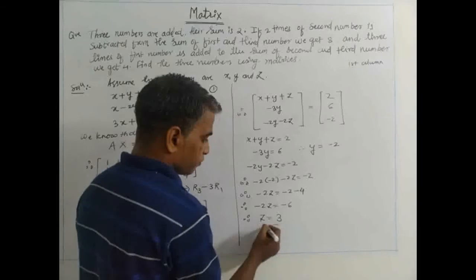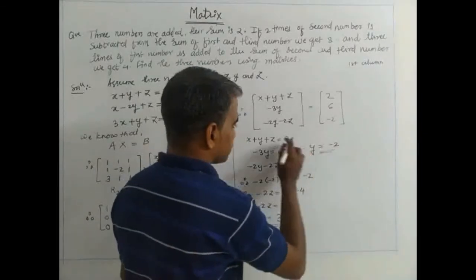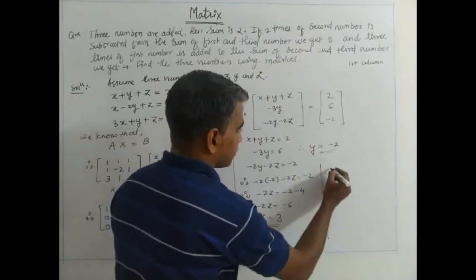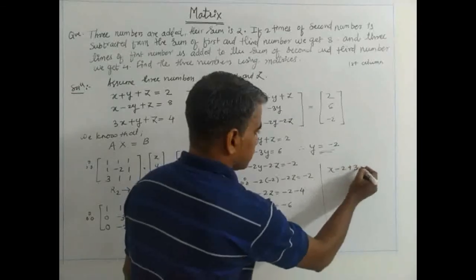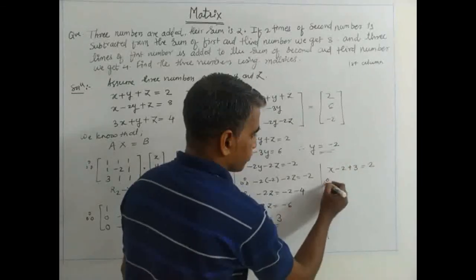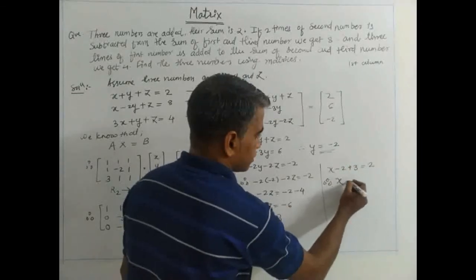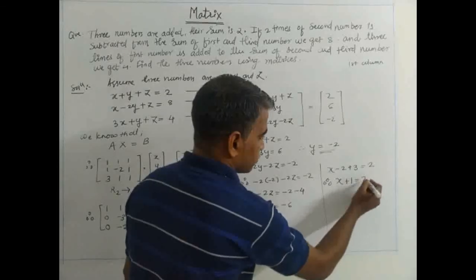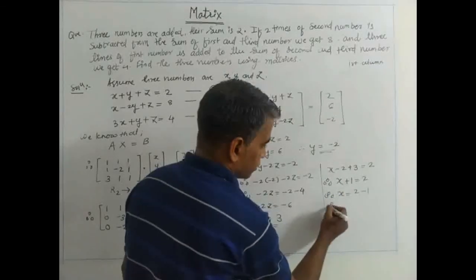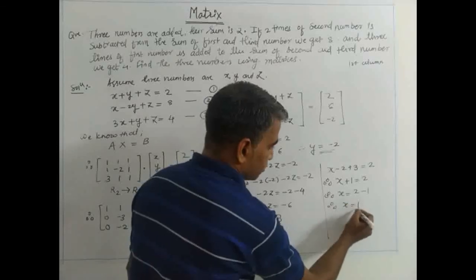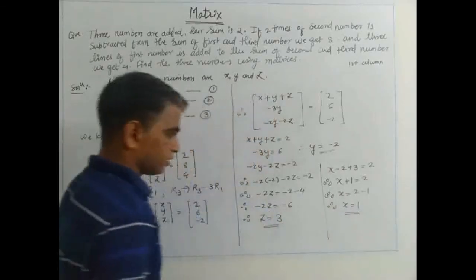And now substituting these values of y and z in equation number 1, we will get x minus 2 plus 3 is equal to 2. Therefore x plus 1 is equal to 2. Therefore x is equal to 2 minus 1. Therefore x is equal to 1.